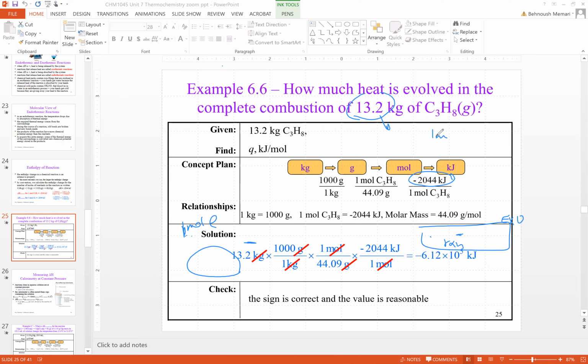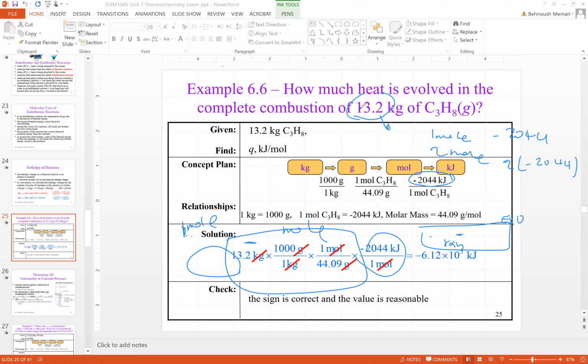For 1 mole, minus 2044. For 2 moles, it's 2 times minus 2044 heat released. For 10 moles, 10 times this number. So for whatever number of moles we have, it's the number of moles times this delta H value.